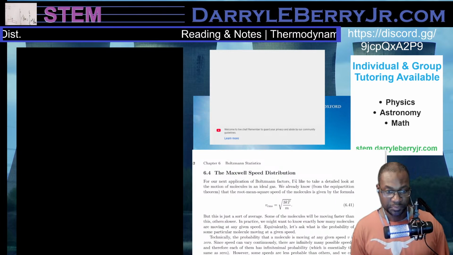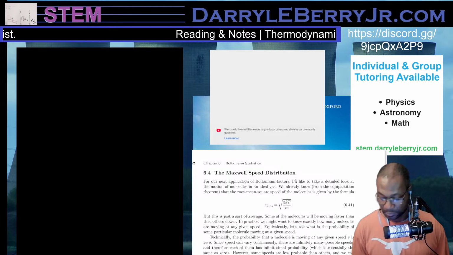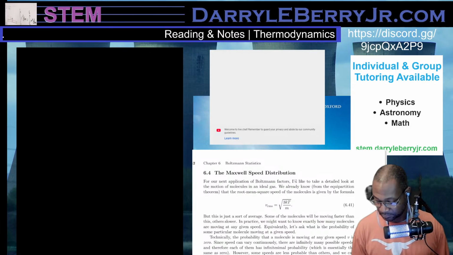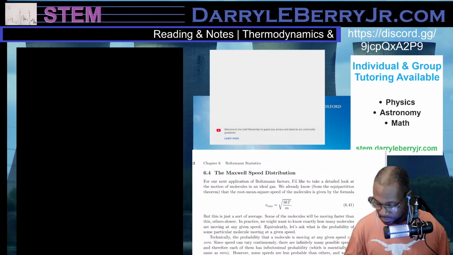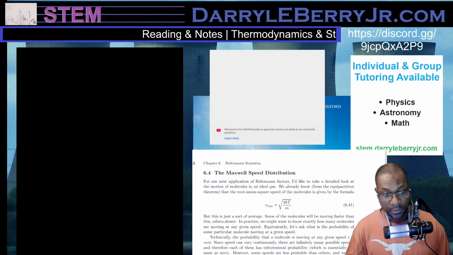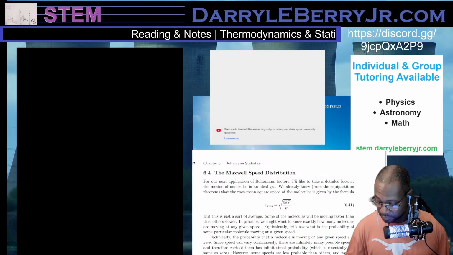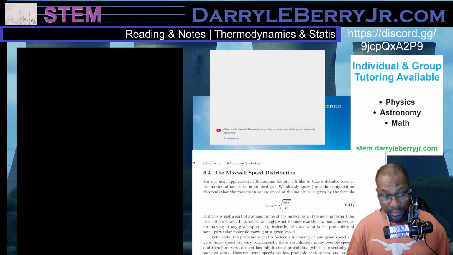That the root mean square speed of the molecules is given by the formula. So I'm not sure how we know that. Then v_rms equals square root of 3kT over m.